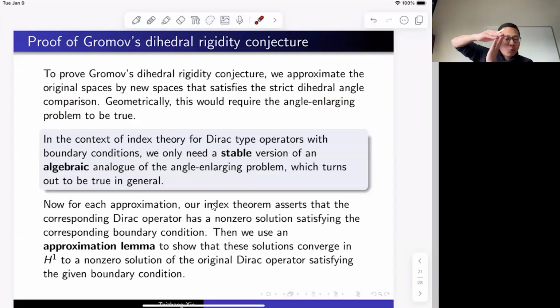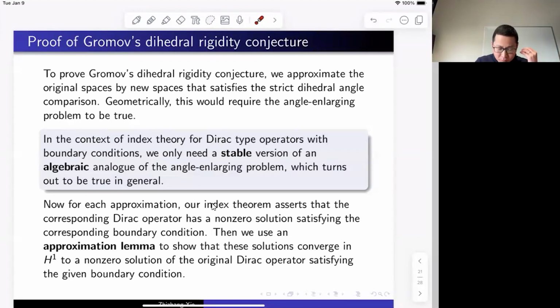So now we can have a sequence of approximations, which makes this operation better and better, closer and closer to the original. Geometrically, if you can enlarge all the dihedral angles, it's not hard to imagine that this would require the angle enlarging problem geometrically to be true, if you want to geometrically enlarge every dihedral angle of the target.